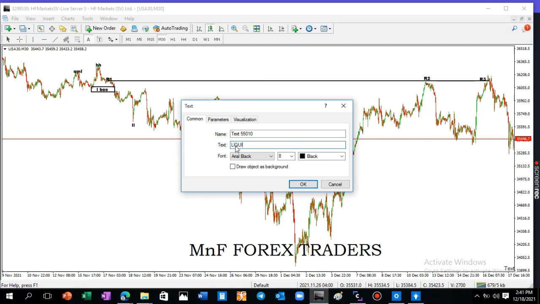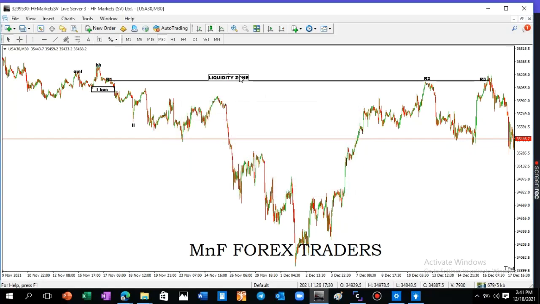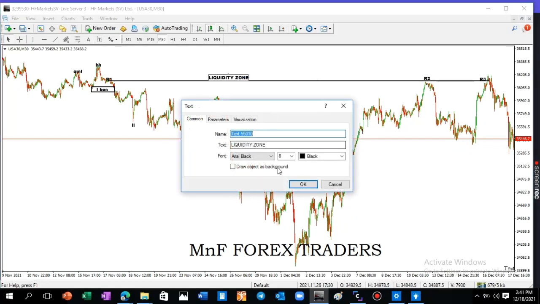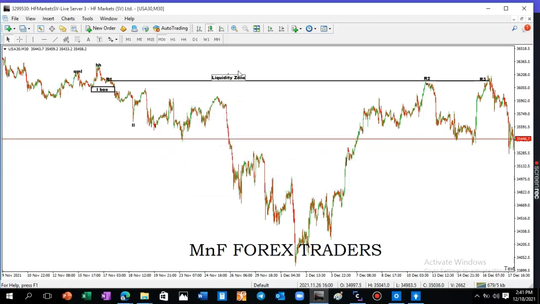Liquidity is simply a level that has to be taken out if the market has to drop, because we know that with multiple resistance, when a retail trader sees that, they see an opportunity to sell. Whereas when we see resistance, we're looking for an opportunity for that level to be taken out before we can sell.